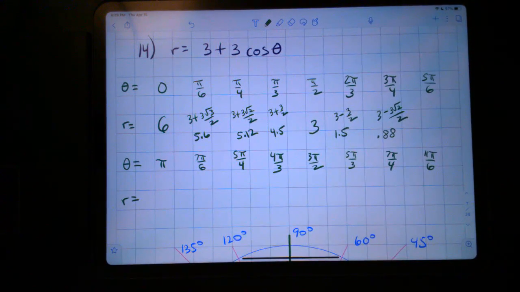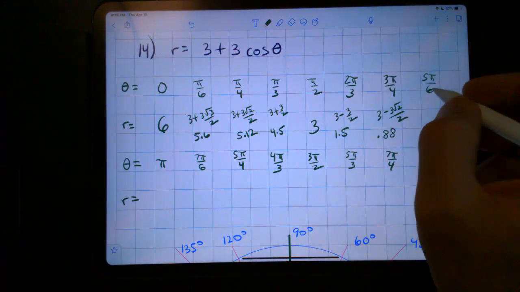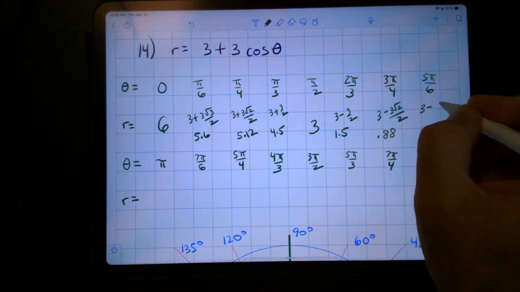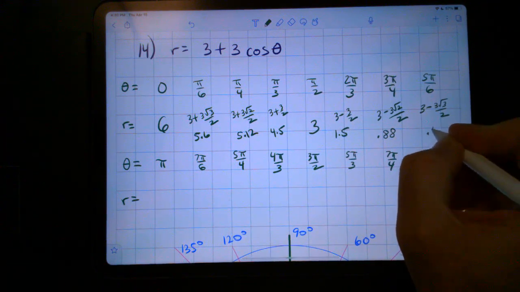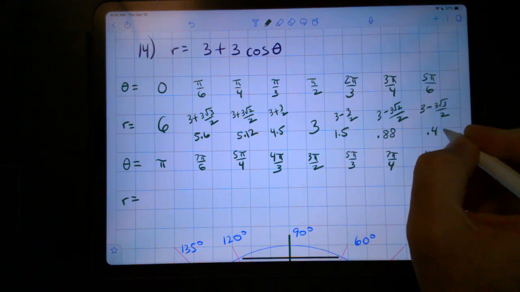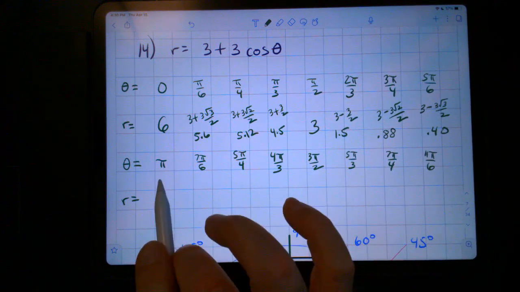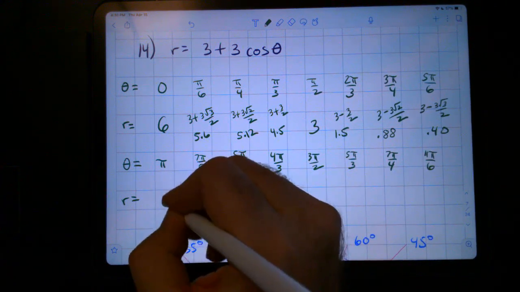When theta is 5 pi over 6, that's negative radical 3 over 2. Theta is pi. This is going to be 0.